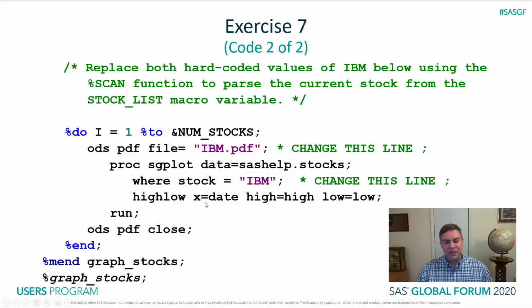That's why we can't simply use a by statement in our proc sgplot. And remember that the macro language actually generates SAS code. So what's going on behind the scenes inside this %do loop is all these statements, the ODS statements and the proc sgplot, are being generated once for every value of stock from our data set. So let's switch over to SAS and see if we can get this working.